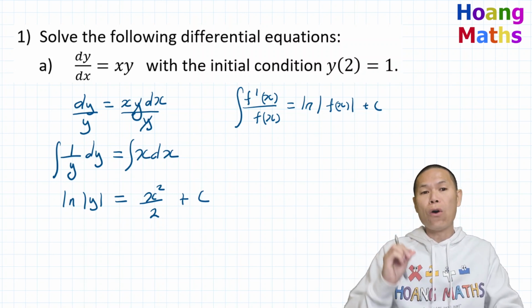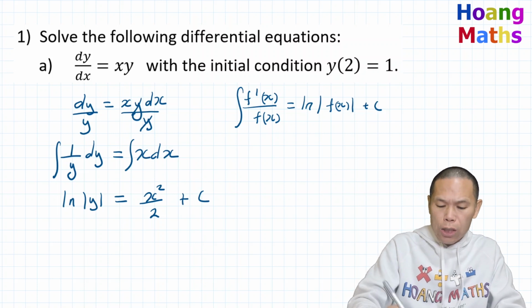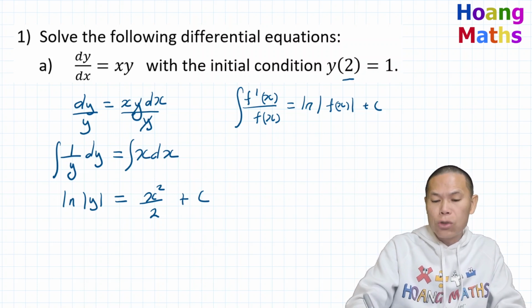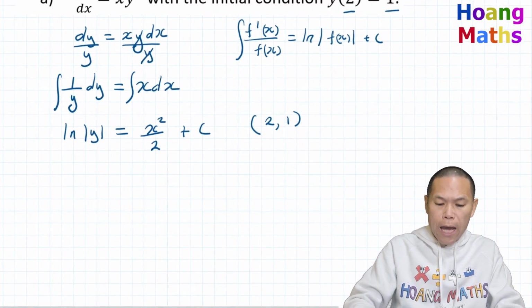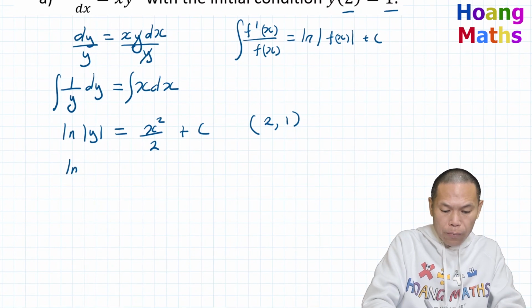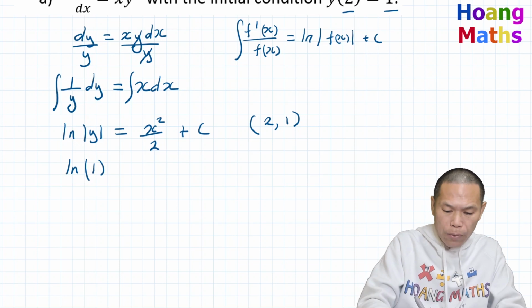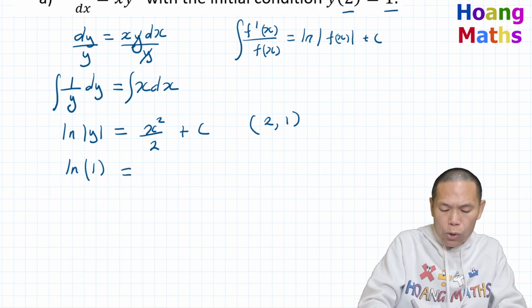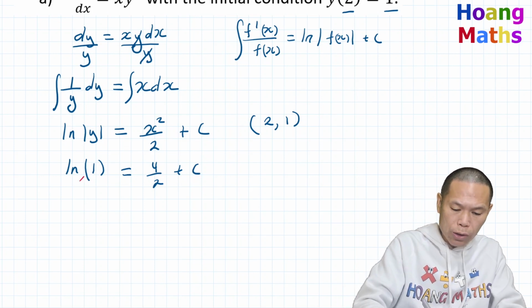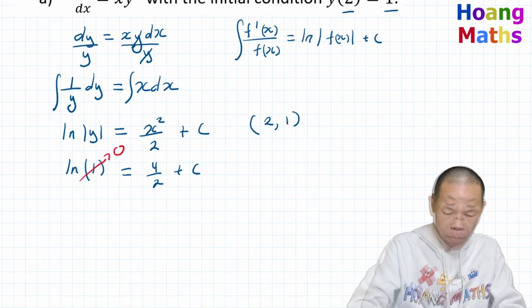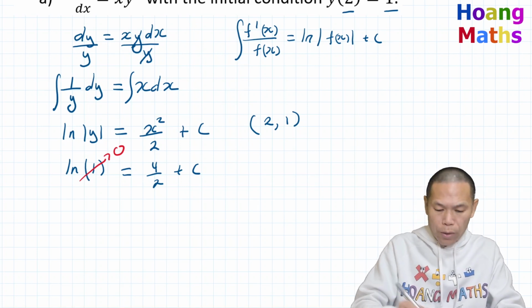Now I need to solve for c. The condition is when x is 2, y is 1. So this means that ln of 1, because the absolute value of 1 is 1, is equal to 2 squared, which is 4, over 2, add c. ln of 1 is 0, and 4 over 2 is 2.